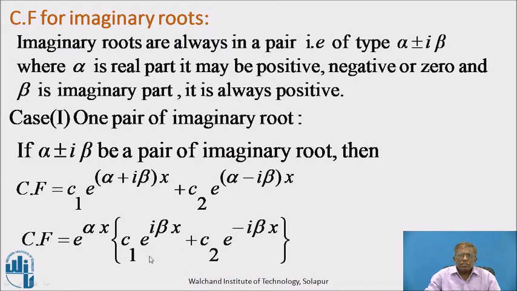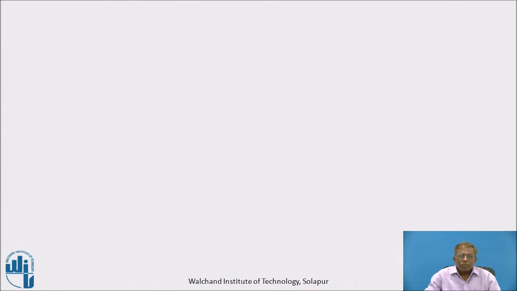Now we have to express e raised to i beta x and e raised to minus i beta x in terms of cos and sin using Euler's formula, e raised to i theta equal to cos theta plus i sin theta.